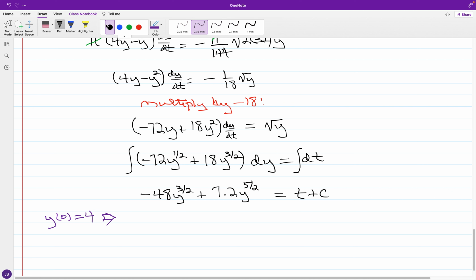Filling in, we have negative 48 times 4 to the 3/2 plus 7.2 times 4 raised to the 5/2, and that's equal to 0 plus c. For the value of the constant, that's going to be about minus 153.6.